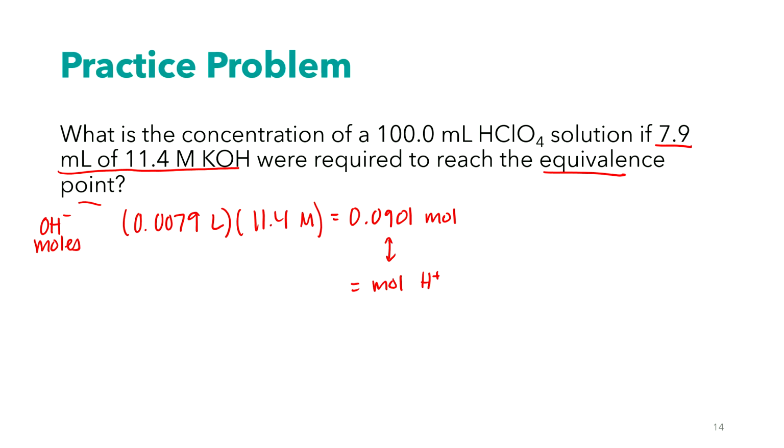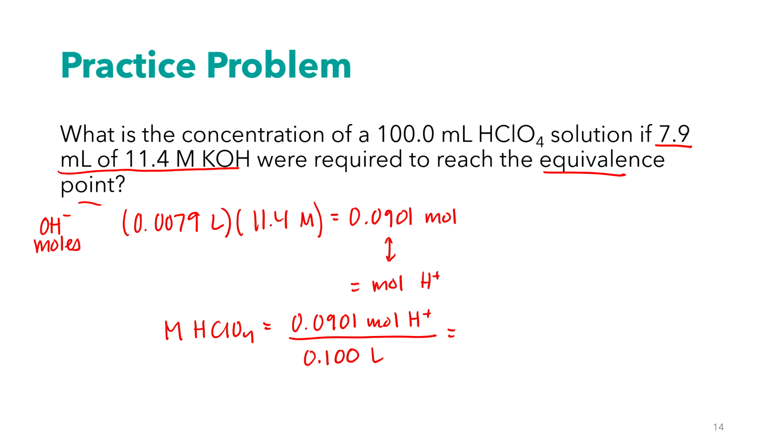So my last step is to say, well, my concentration of HClO4 was 0.0900 moles of H plus, and it was in 0.1 liters, right? Because it was in that 100 mils to begin with. Okay, so I want to know the original concentration, not after I've added in my 7.9 mils.